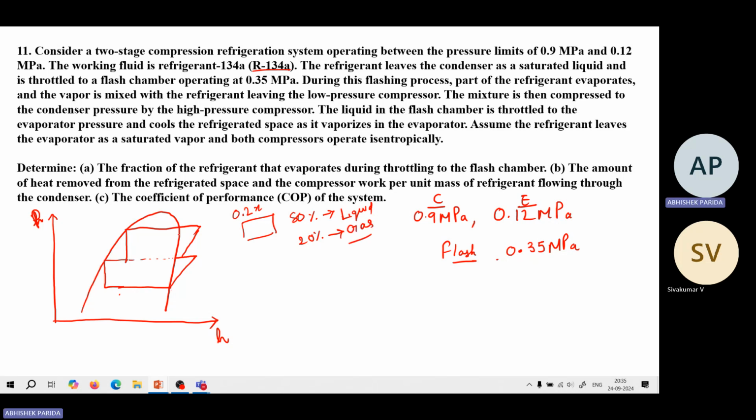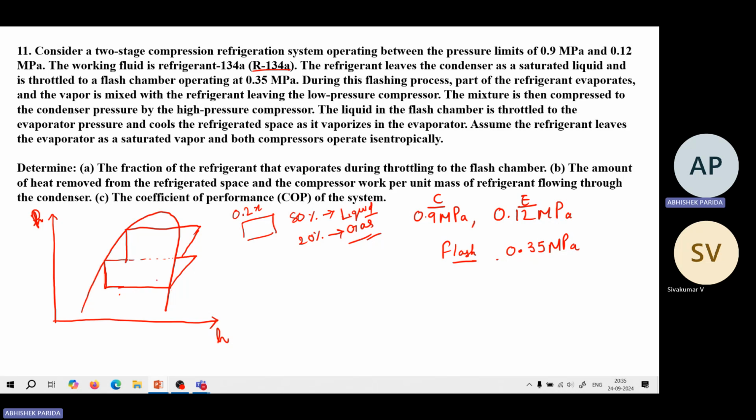But which will give you the cooling effect in terms of VCRS, the liquid or the gas? We'll get it from the liquid only. That is why we separate it, because the gas has no role in a VCRS system. We always get the cooling when the fluid gets converted to gas.